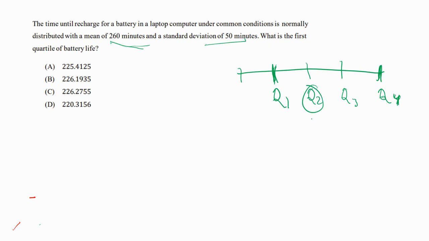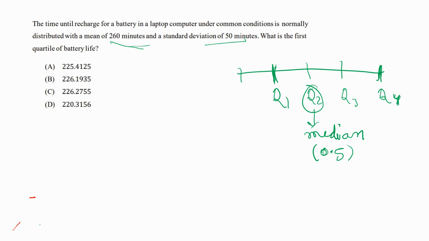And Q2 is the median. What we say about median is that up to this, the area is 0.5. Okay. So area is 0.5 means it is dividing the region into two parts, the middle one is the median, in basic terms.